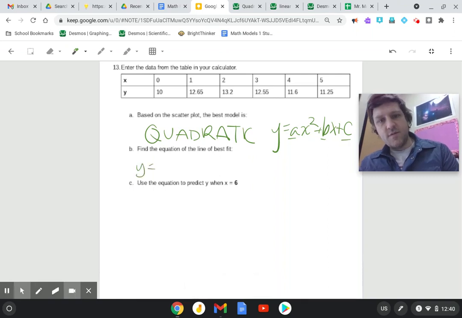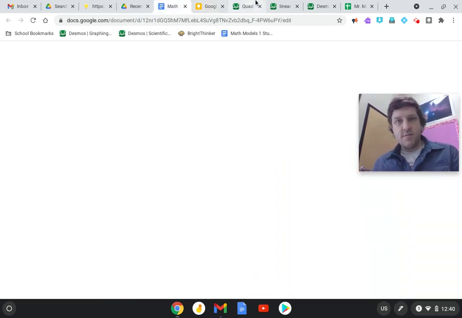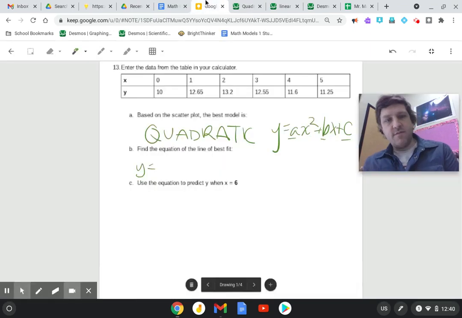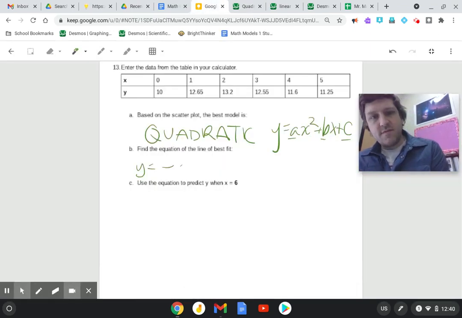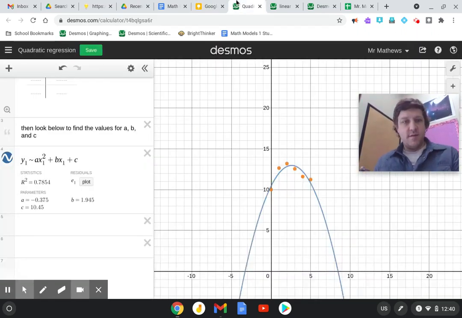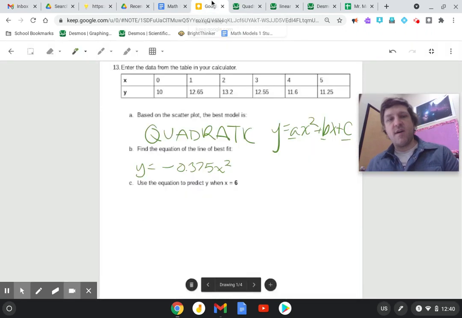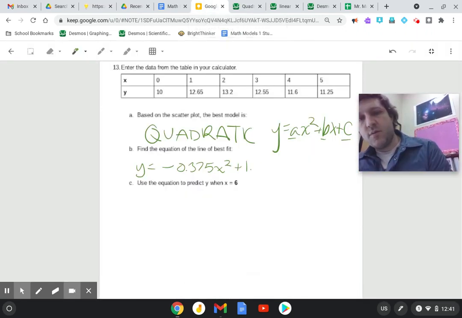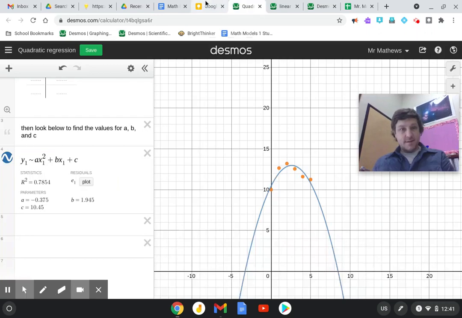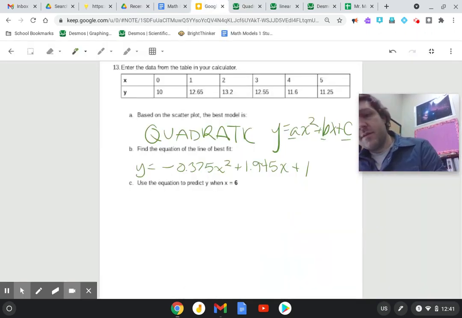So it's y equals, and then it's going to be the A value, which is negative 0.375 x squared. 1.945 is our B, so plus 1.945 x, and then plus 10.45.